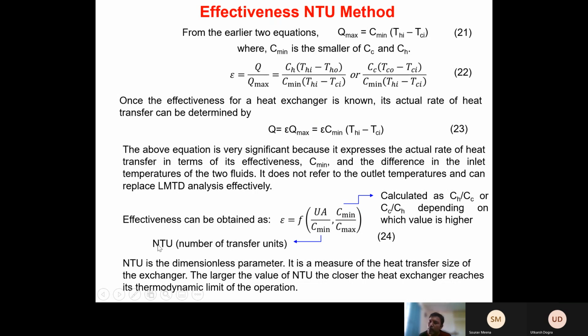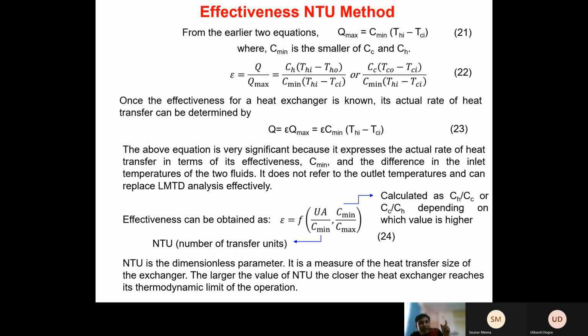The physical significance of NTU is it gives you the measure of the size of the heat exchanger. The higher the size of the heat exchanger, the closer you will be to the thermodynamic limit. What is the thermodynamic limit? THI minus TCI.